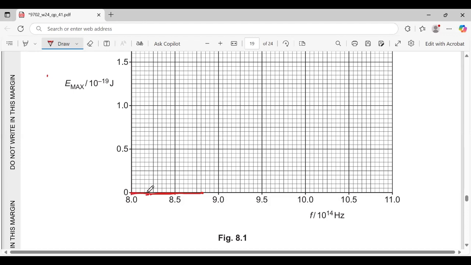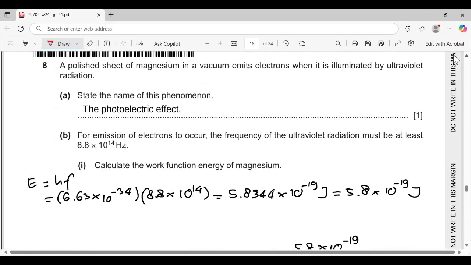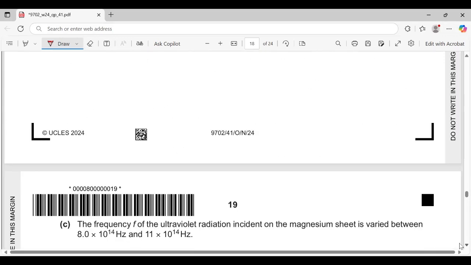Why 8.8? Because based on the information in part B, the frequency of the ultraviolet radiation must be at least 8.8 times 10 to the power 14 hertz.